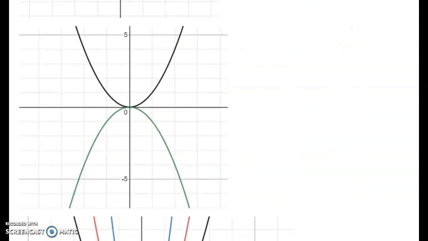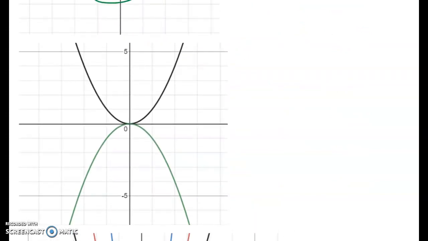Next, we go on to looking at one where we've got an upside down parabola. The green one is the reflection of the black curve in the x-axis, and that's going to have the equation y equals negative x squared. It also has a discriminant of 0 because you can see it just touches the axis here.